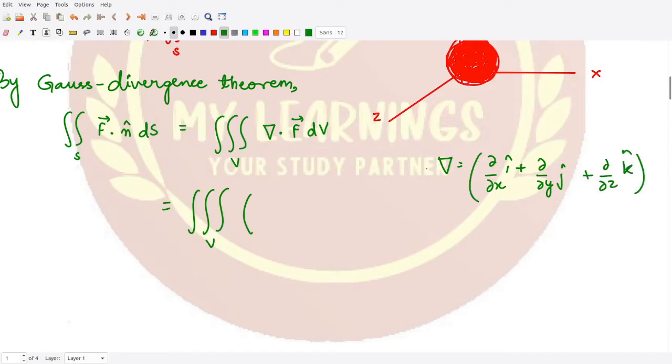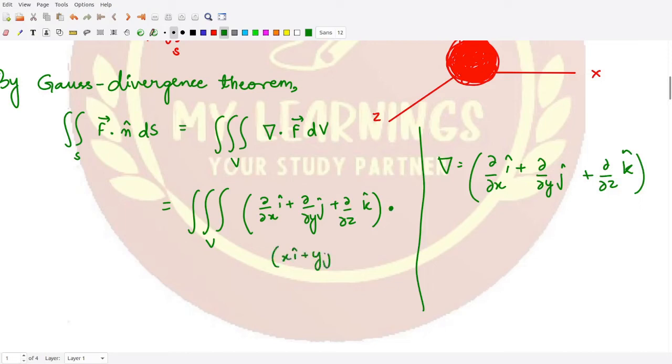So let's substitute the value over here. It is equal to del by del x i cap plus del by del y j cap plus del by del z k cap, dot product with the vector f. And what is vector f? It is x i cap plus y j cap plus z k cap, right? And we have to perform this integration over dV. First of all, we have to take this dot product.